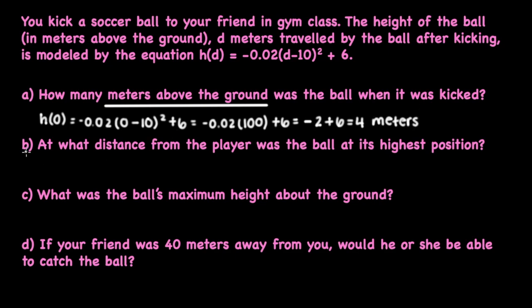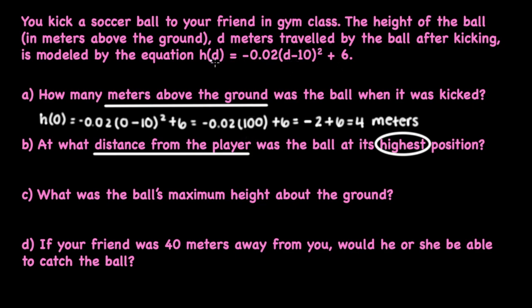Now the second part asks us, at what distance from the player was the ball at its highest position? So here it's asking us to find the distance from the player, which is d. Now it's important to note that it's asking us for when the ball was at its highest position, which indicates that we're looking for the d value of the vertex.